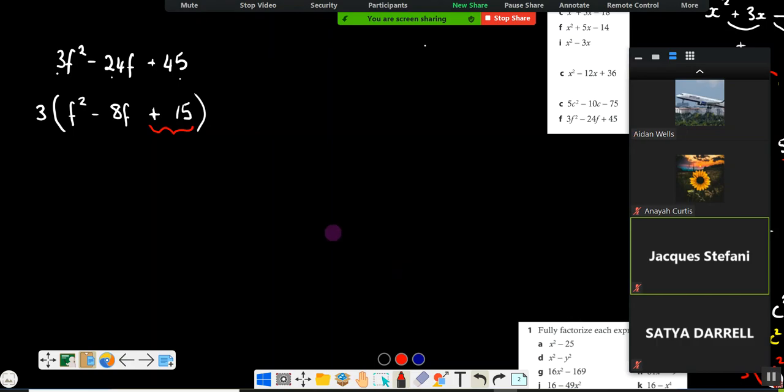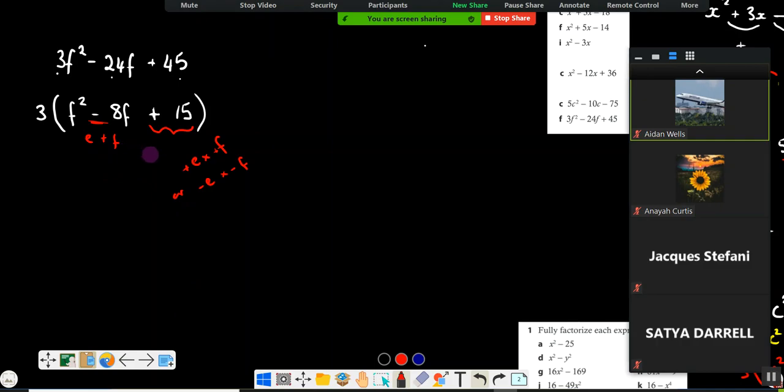When I've got two numbers multiplied, if I've got E multiplied by F and they end up with a positive number, they must both be positives or must both be negatives. And if we're adding together and get a negative, then they both must be negatives. So we can exclude that.